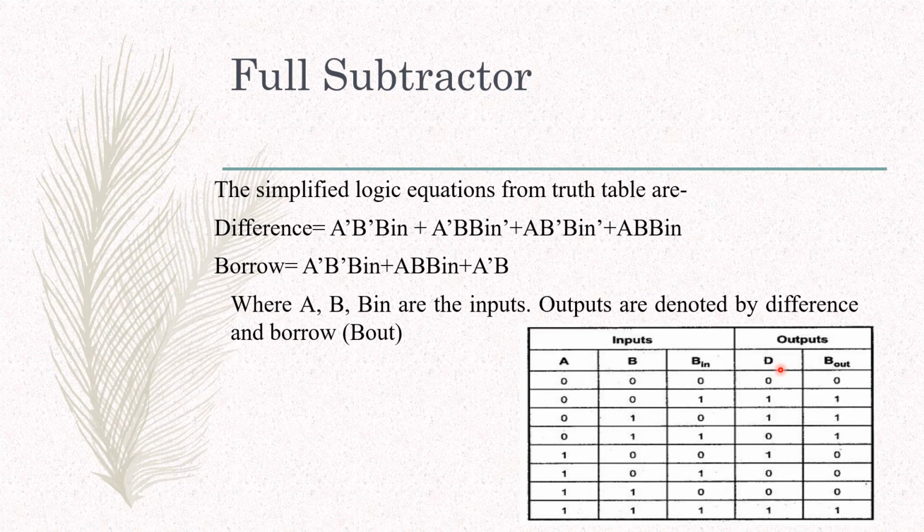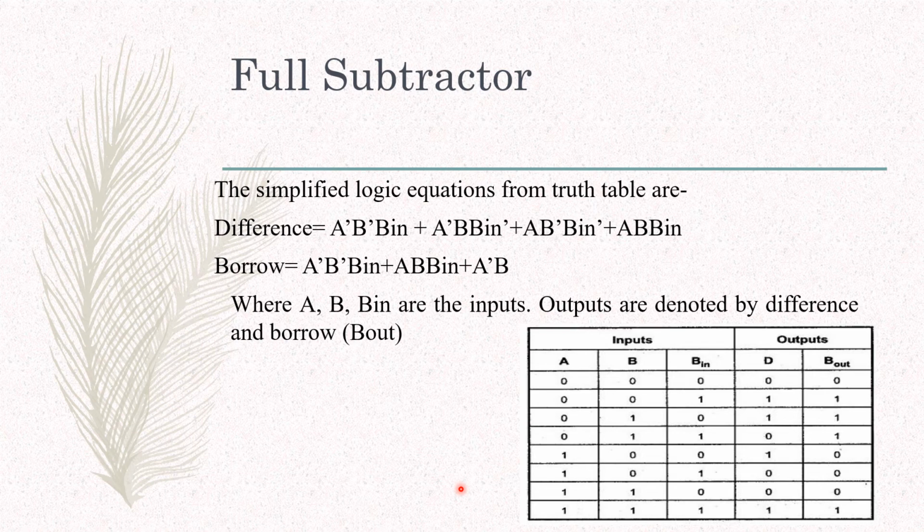So here we are simply comparing this difference D column with the full adder sum column, and it was observed that they are the same. Further, the borrow output BO is like the carry output. In the case of the half subtractor, an input is accompanied; similar things are carried out in the full subtractor.